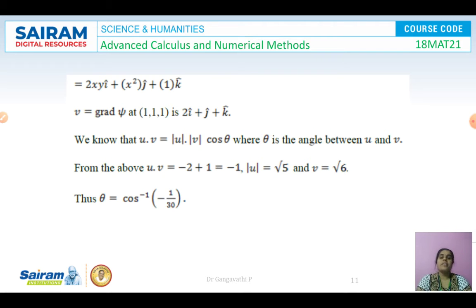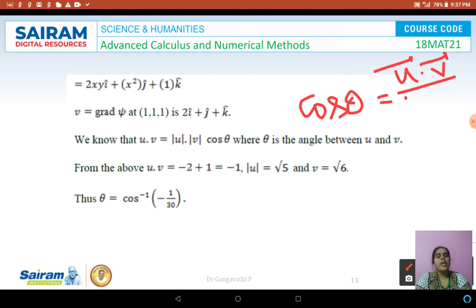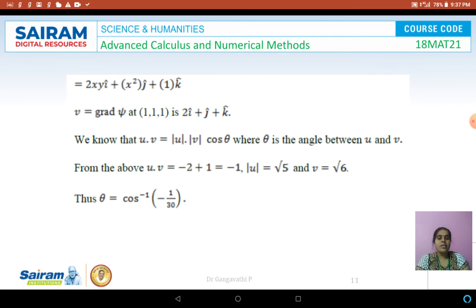By the formula we know that cos theta is equal to vector u dot vector v by modulus of vector u into modulus of vector v. Let us use this formula to find the angle between the surfaces, where theta is the angle between them.